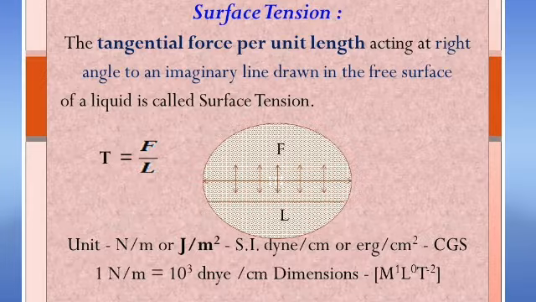The CGS unit is Dyne per centimeter or erg per square centimeter. Its dimensional equation becomes L0 M1 T minus 2.